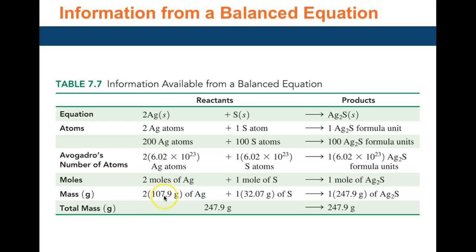So 2 times that, so around 215. And then you add the 32 together and you get 247.9 grams. And then silver sulfide, the molar mass is 247.9 grams.